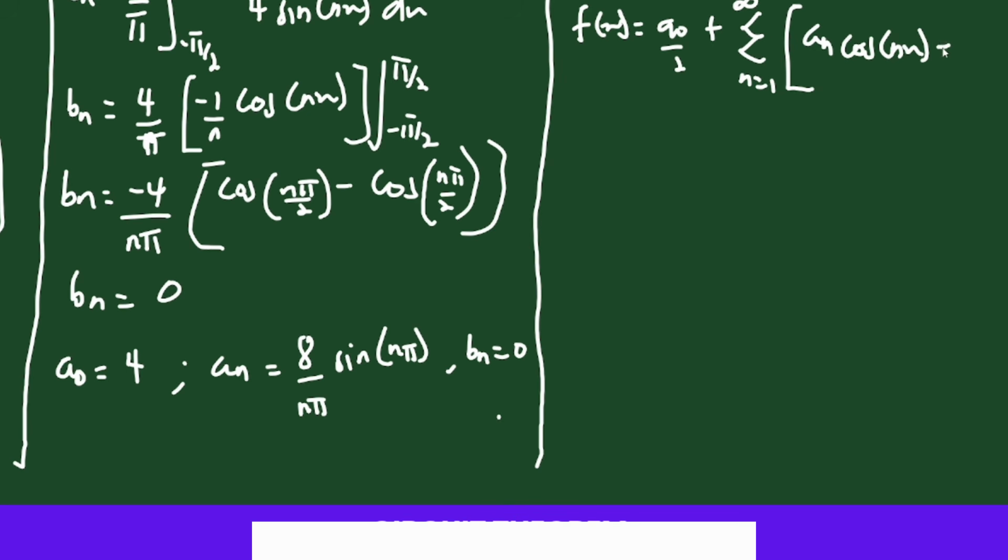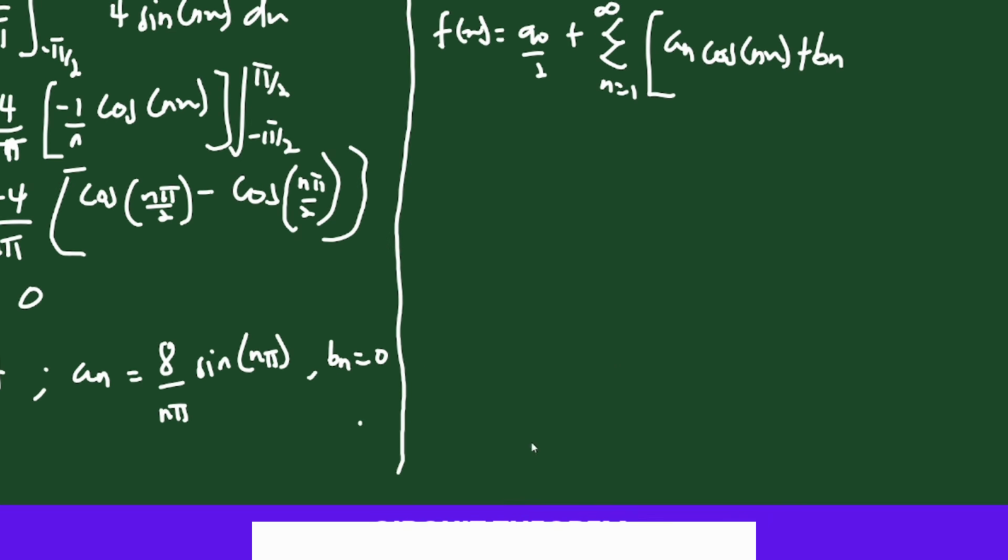Hence, our general formula, let's get our general formula again. F of x is equal to a naught over 2 plus the sum from n equals 1 to infinity of an cos of nx plus bn sine of nx.